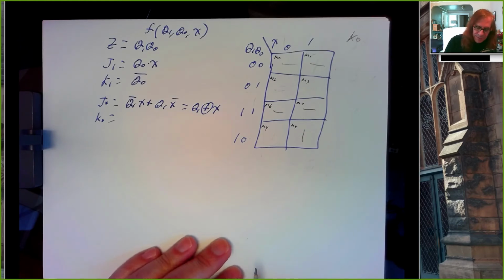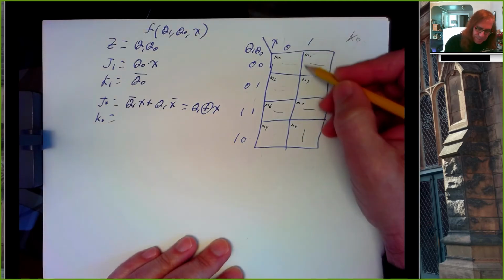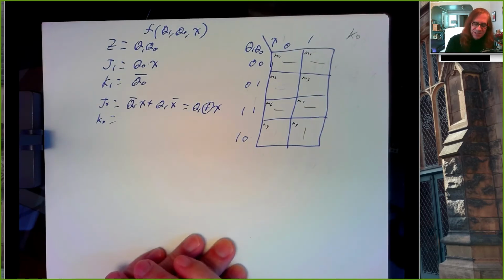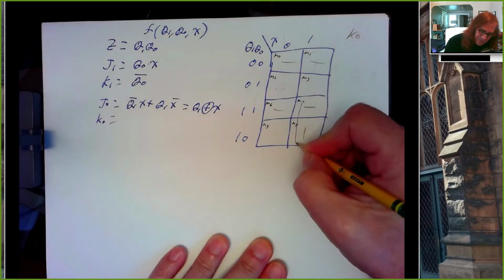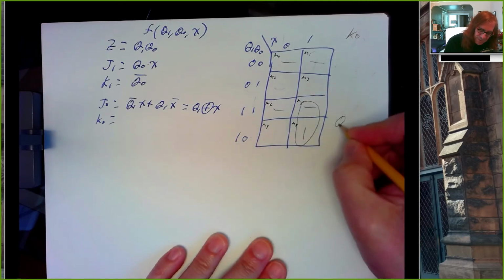Just a 1x2. And you've got a choice. You could do this, or you could do a broken one. Different equations, but identical complexity. So if we do this one, that looks like Q1X.